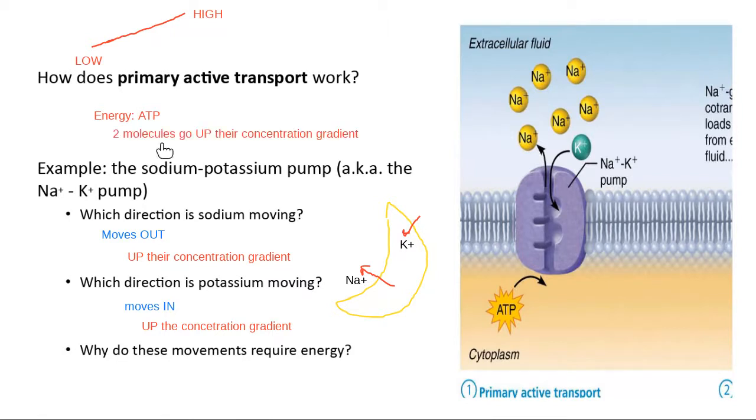Two things are going uphill. In the case of the sodium-potassium pump, sodium goes uphill by leaving the cell, and potassium goes uphill by coming inside. Because both of these things are going from low to high, the only way I can make that work is by using ATP, by using stored energy.